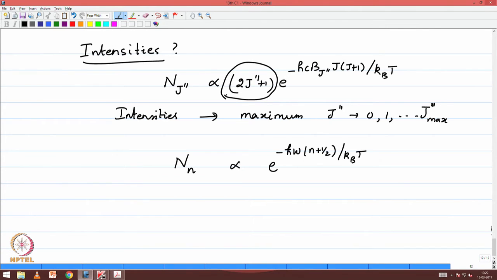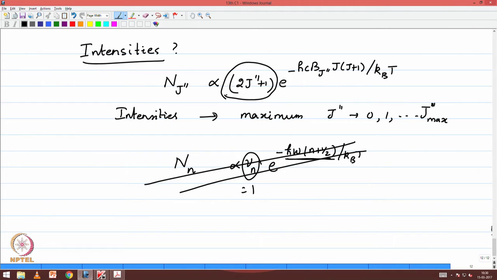It is proportional to that, because the degeneracy is 1 for a simple harmonic oscillator, and this factor h bar omega times n plus a half is much greater than kBT. Therefore, N of n is very, very small except for the absolutely lowest energy state, namely n equal to 0. So, we do not have a problem of maximizing intensity of the harmonic oscillator for different vibrational levels. The lowest energy level transition from 0 to 1 has the highest intensity.